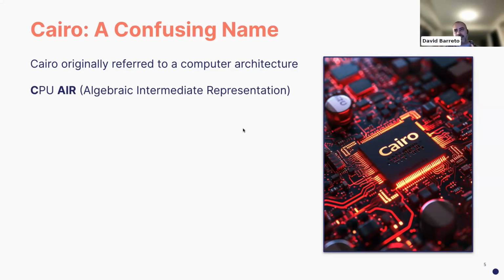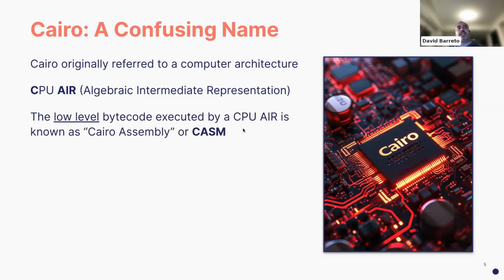So the original meaning was a computer architecture based on polynomial constraints. Then the low-level bytecode executed by this new CPU architecture, which is the heart of the Cairo VM, is known as the Cairo assembly, or CASM for short. Right? There's another reference to Cairo, the term Cairo assembly.